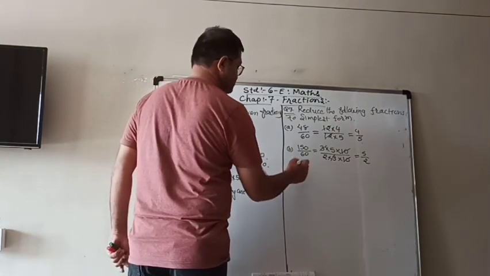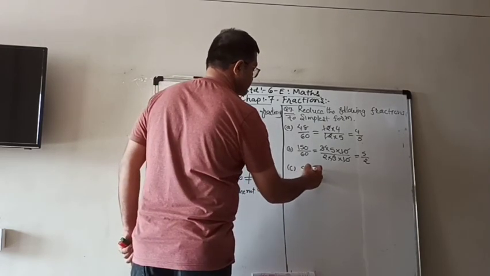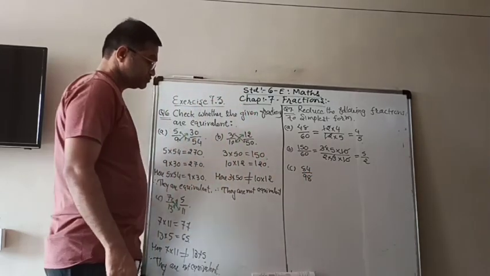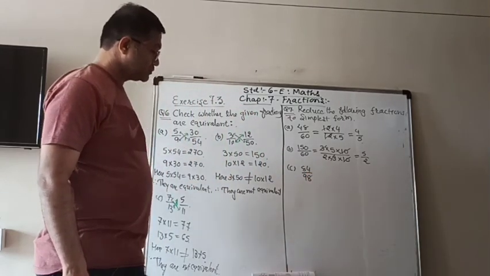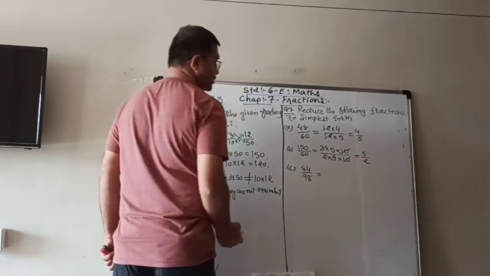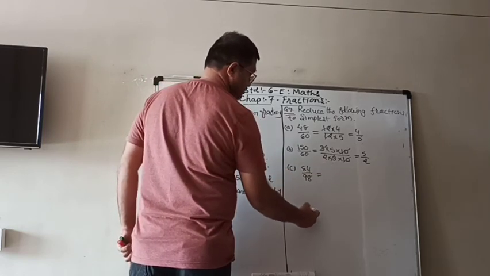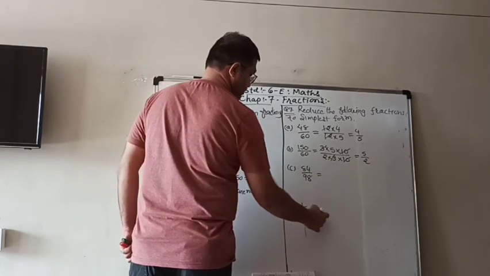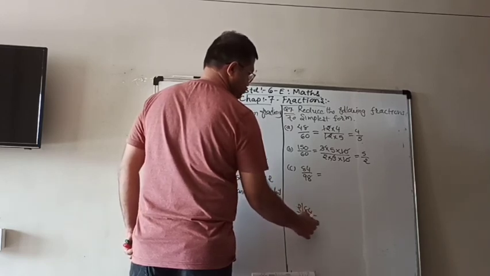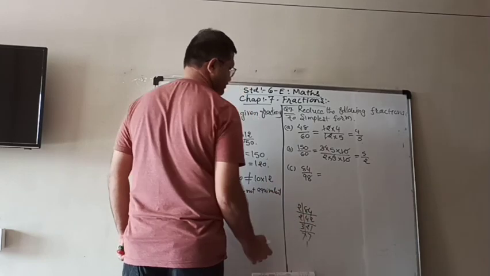Let's take the third fraction, that is 84 upon 98. Now 84, if you can't remember, you can do it like this. 2 fours are 8, 21 is 3 sevens, and 7 ones are 7.